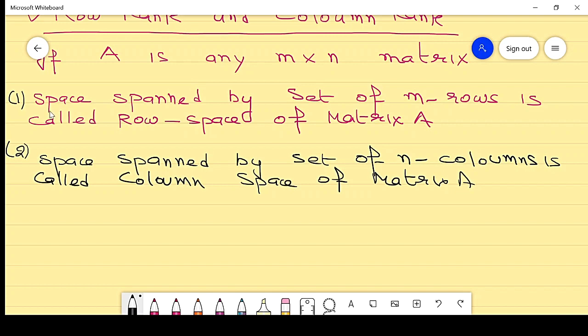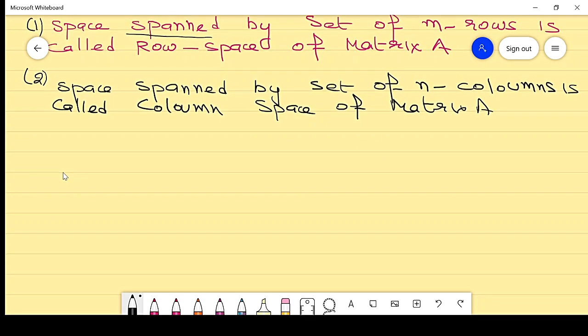Now here we used two terms. One is space, that is a vector space or subspace, and second is spanned by. Spanned by means it is a linear combination of vectors. So what is a subspace? I just write the definition.